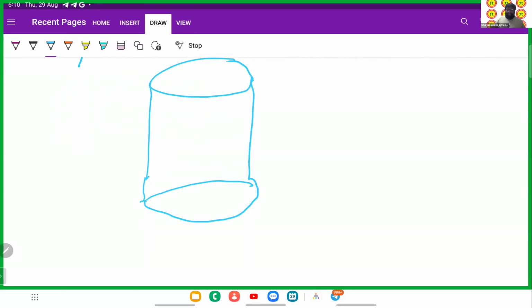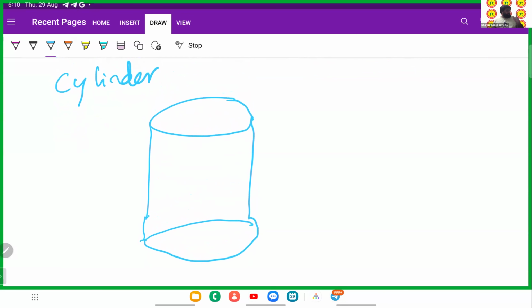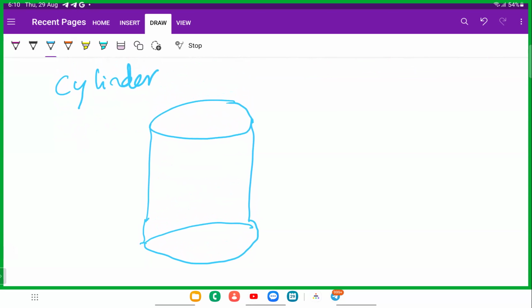Did you see a gas cylinder in your kitchen? If you go and watch in the kitchen, did you see this gas cylinder? Or any water bottle, or a pencil stand on your desk. So usually it will be a cylinder.